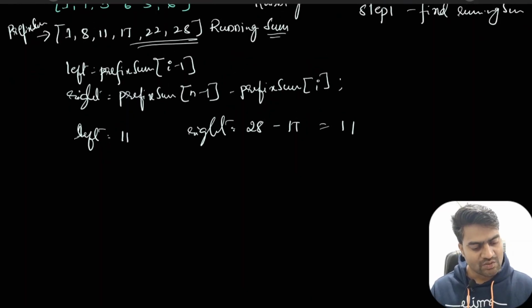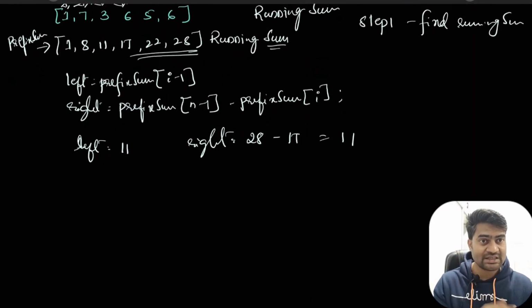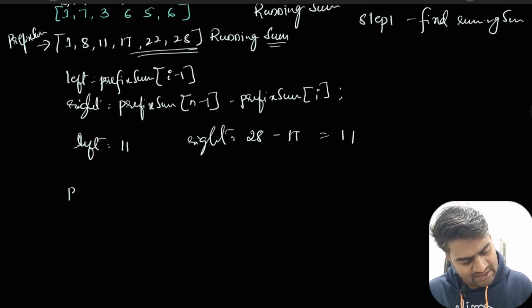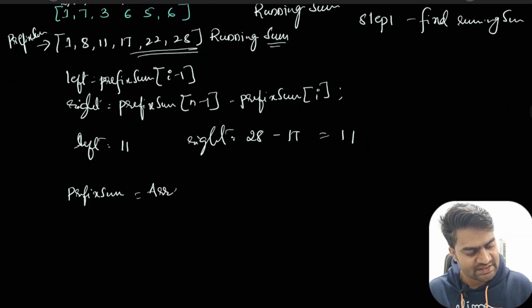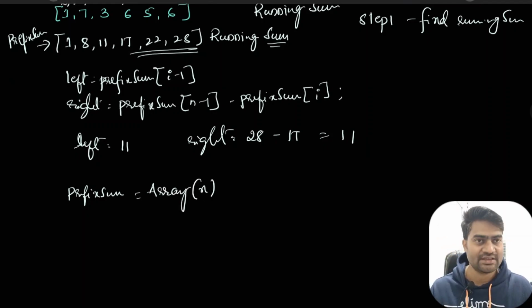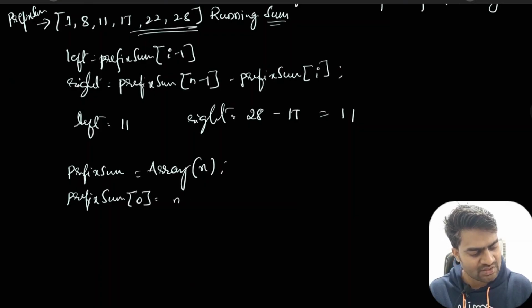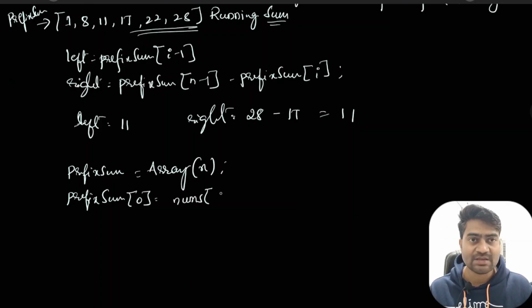So basically what we did, first we found the prefix sum. I will take prefix sum as an array of size n. Okay, this is our prefix sum. Then prefix sum of 0 equal to nums of 0. Basically we are trying to find the running sum.